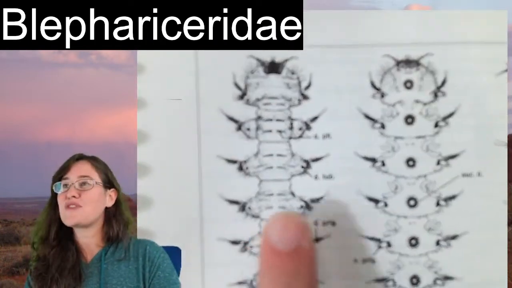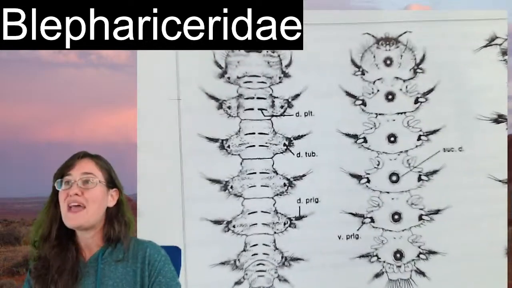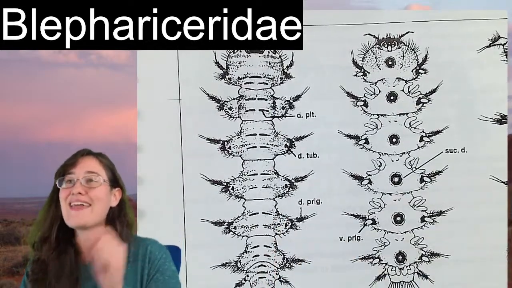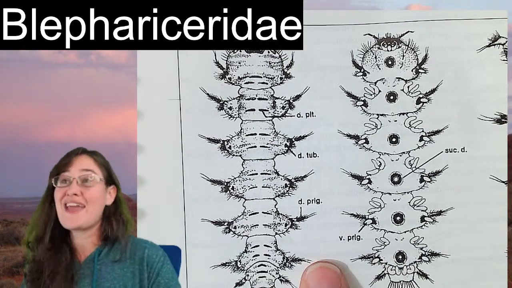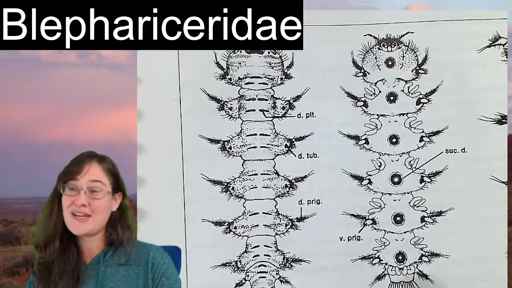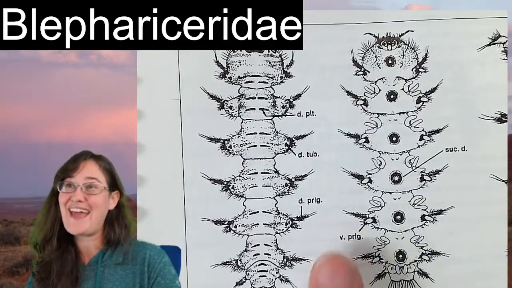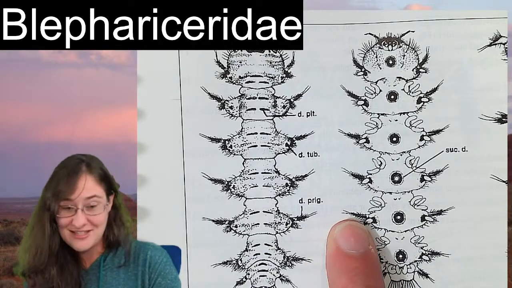And this is what they look like on the dorsal, the top, and this is what they look like on the bottom. And these maggots, they live on the stones in waterfalls. I have not collected one yet, but I will one day find a waterfall that I can get to the base of and collect these guys.